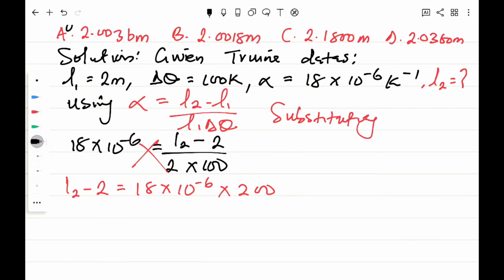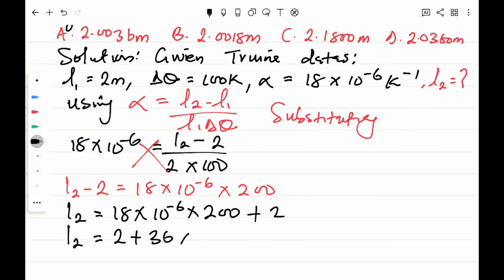Then we make L2 the subject of the formula, so that L2 is equal to 18 times 10 raised to minus 6 times 200 plus 2. So that our L2 will now equal 2 plus 36 times 10 raised to 4.